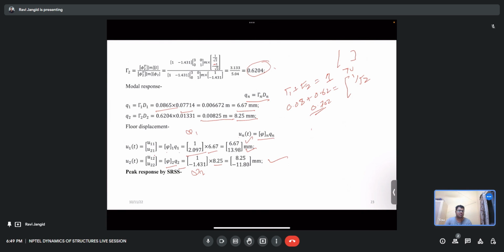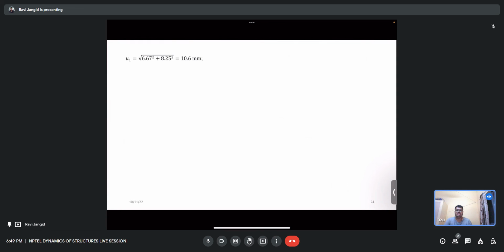For the first floor, U1 would be the square root of U11 square plus U12 square, and for U2 that would be U21 square plus U22 square. The peak response for U1 is given as 6.67 and 8.25, that is 10.6 mm, and for U2, the square root of U21 square plus U22 square is 18.49. So these are the peak responses.